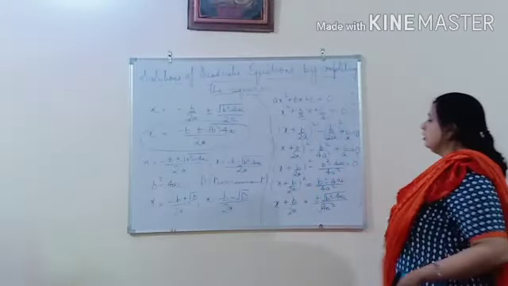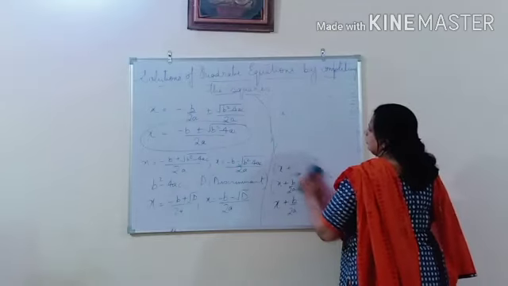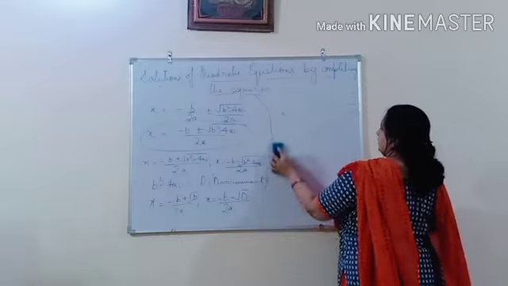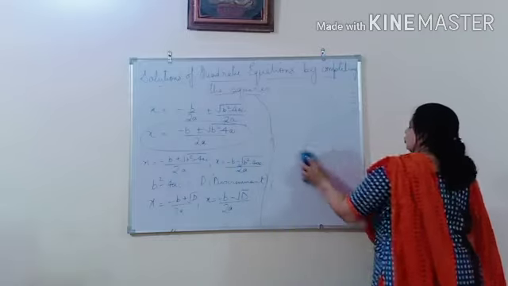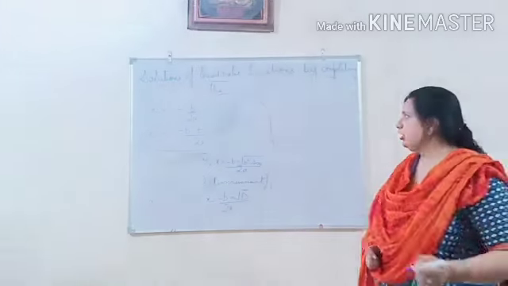Now, by looking at the discriminant, we can say what types of roots the equation will have. There are three conditions.